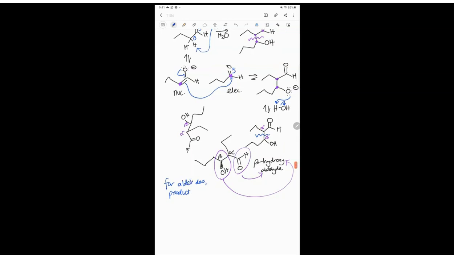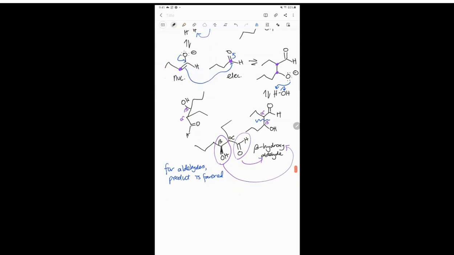So for aldehydes, we're looking at the product, generally speaking, is our major species present in the solution. However, in the case of ketones, generally speaking, we're looking at the ketone still being the predominant species rather than the aldol product.